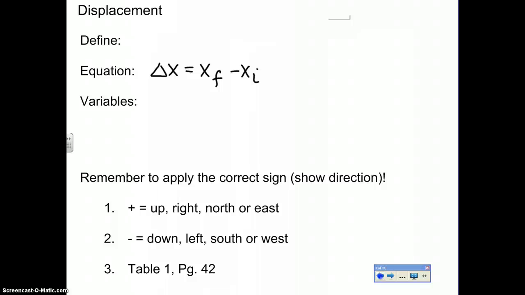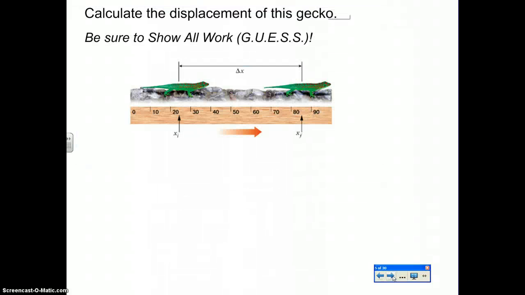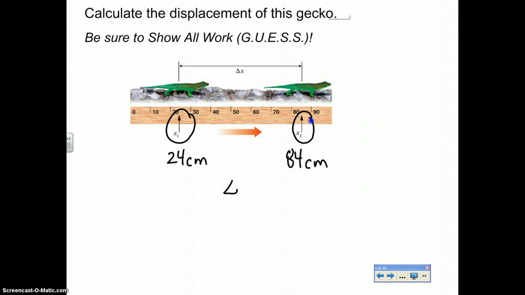We then went on to say that you could calculate the change in position for an object by taking its final position, which in this case is 84 centimeters, its initial position, which in this case is 24 centimeters, and simply using the equation to calculate the displacement.